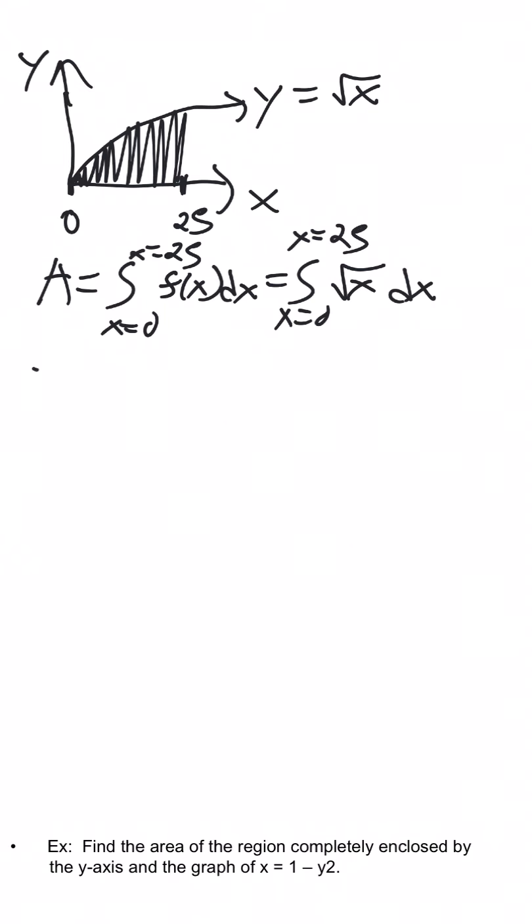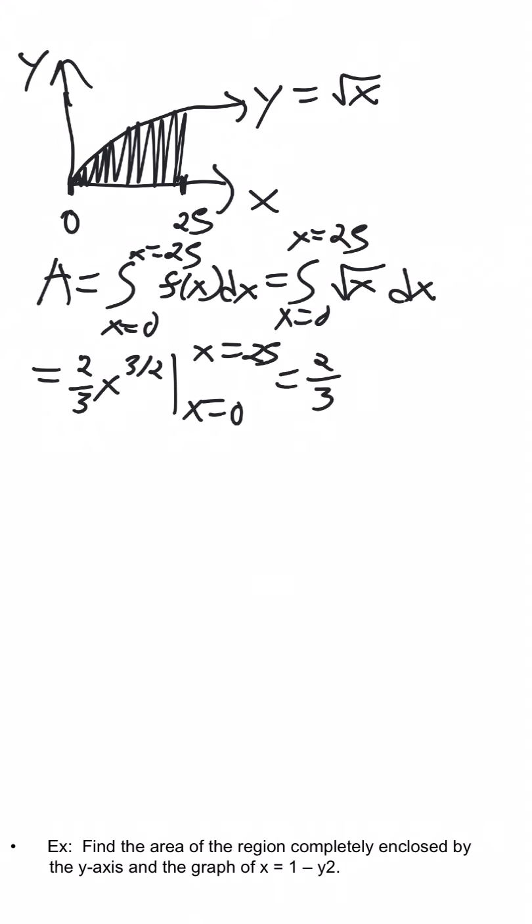All right, let's evaluate this real quick. We evaluate this integral, this is x to the 1/2, so you're going to have 2/3 x to the 3/2 evaluated from x equals 0 to x equals 25. You could always bring the constant 2/3 out, in which case you're going to get 25 to the 3/2 minus 0 to the 3/2.